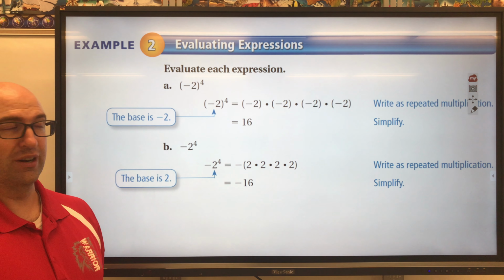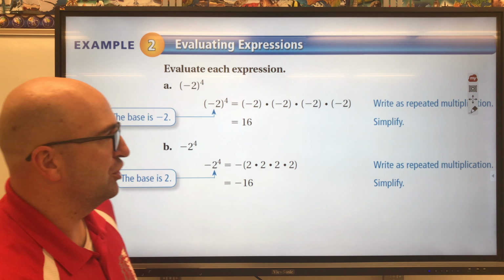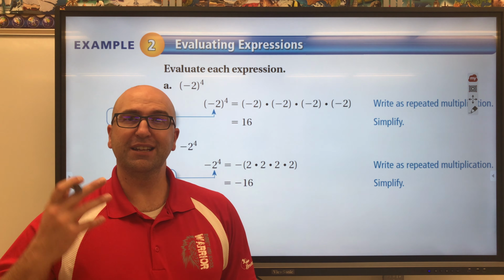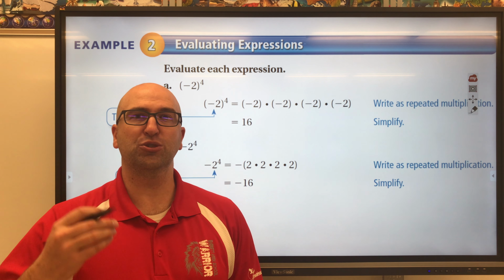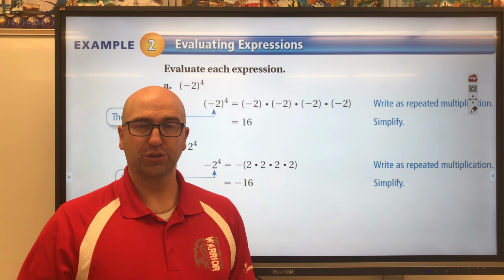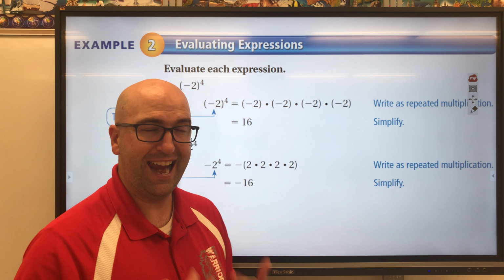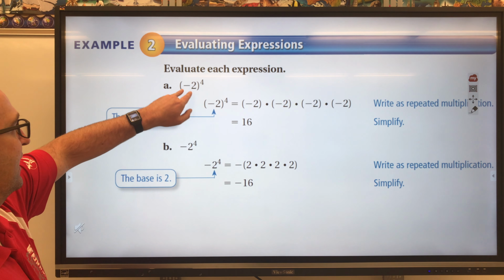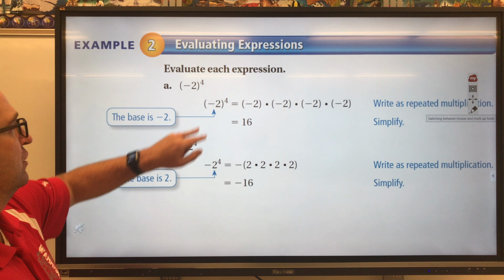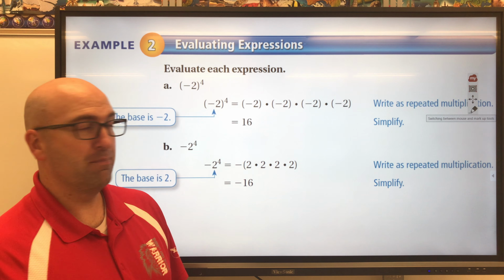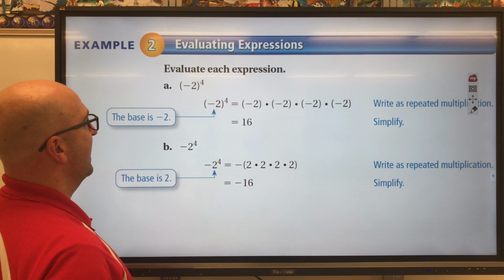So then our next part, it says to evaluate. When you see the word evaluate, that means to solve. It wants an actual number value. So when you see the word evaluate, it wants you to solve that problem. What is my answer? So here you see I have -2 to the 4th. What is my base? My base is -2.